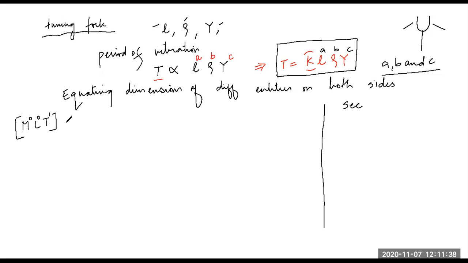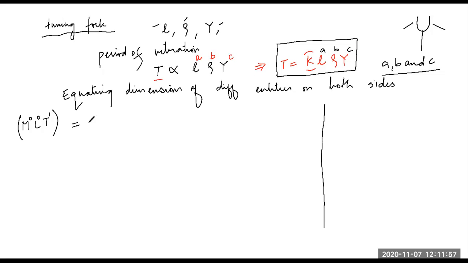I need not put the square bracket now; I'll just put normal brackets. When I write the final dimension, then I will put the square bracket. This is K, and K doesn't have any dimensions.